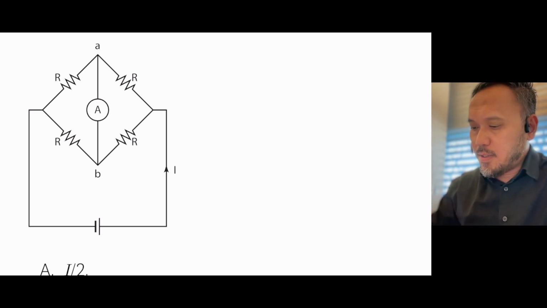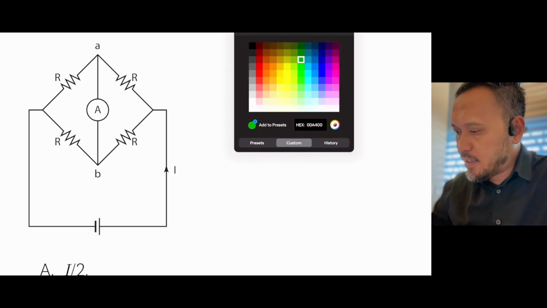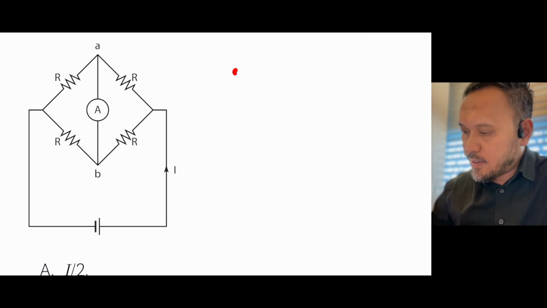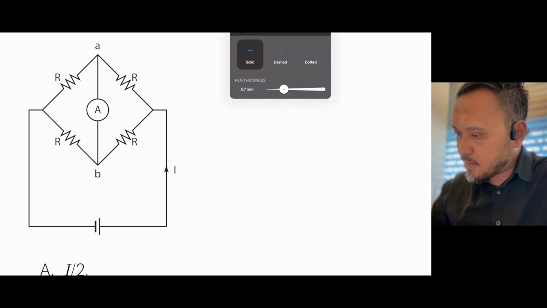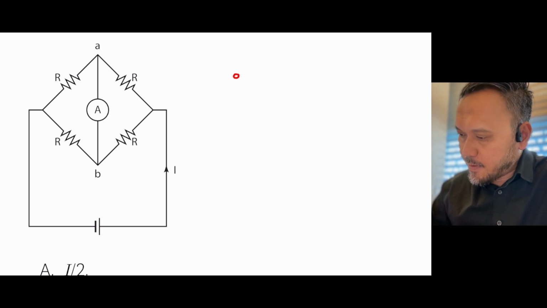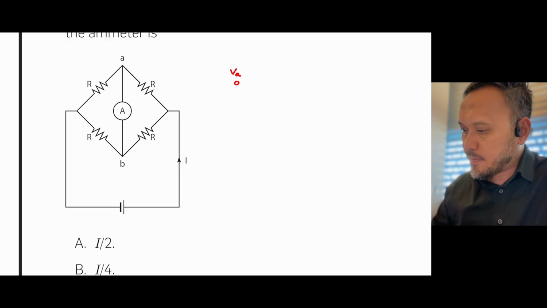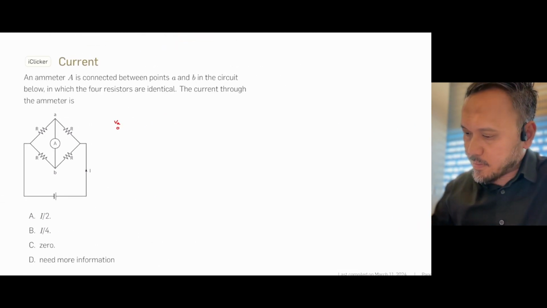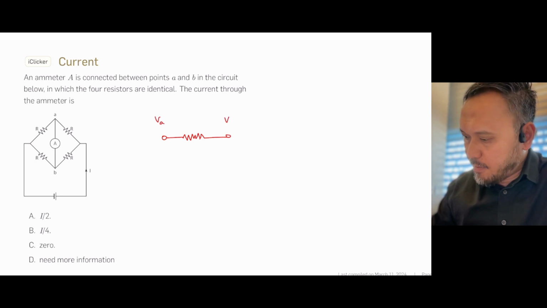To help you, what I did today is, let's use red. Let's say we have 2 points here and some resistor, VA and VB.